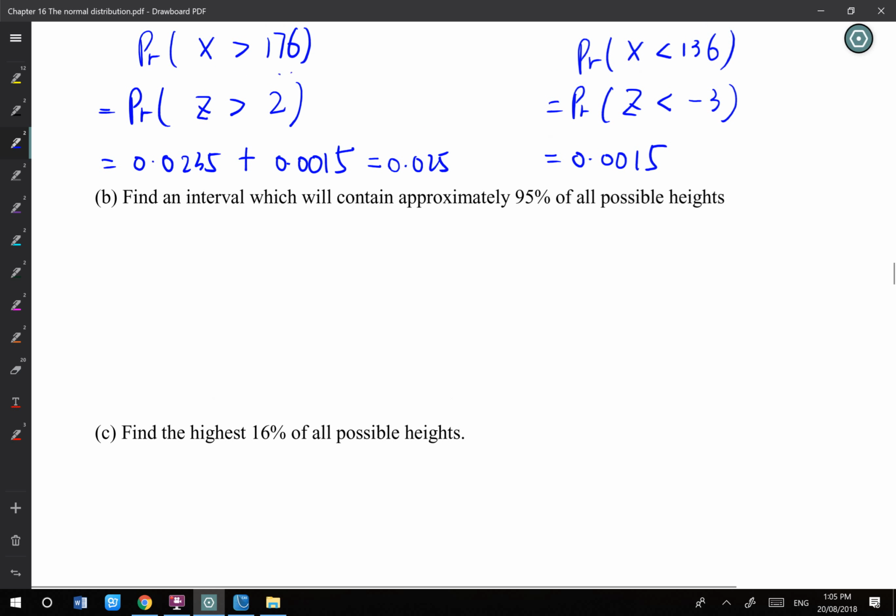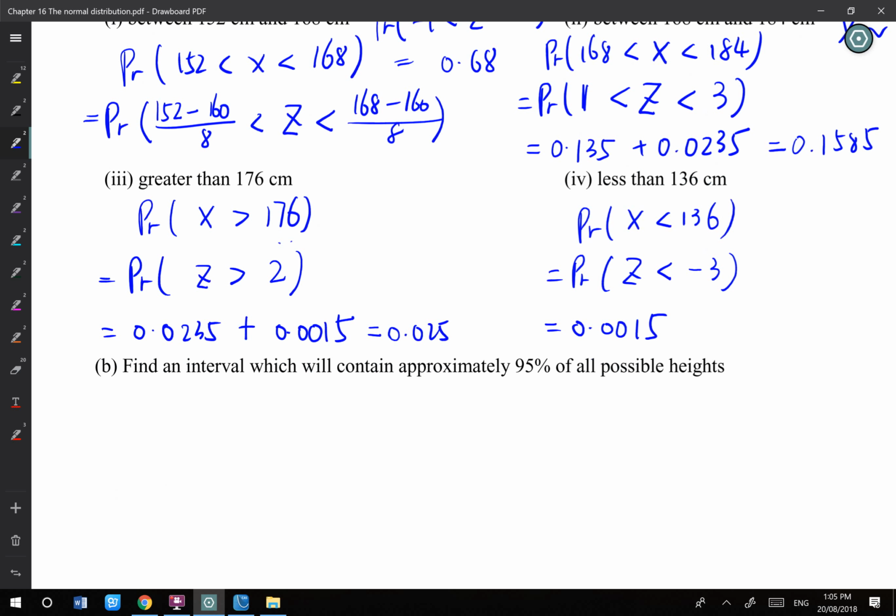What I want for the next one is to find an interval which contains approximately 95% of all the possible heights. We see 95%, we know that's within 2 standard deviations.